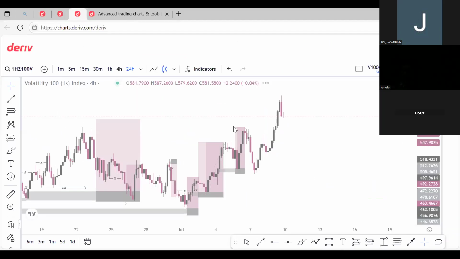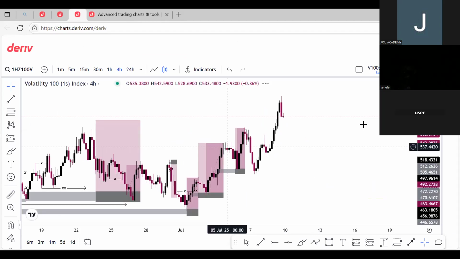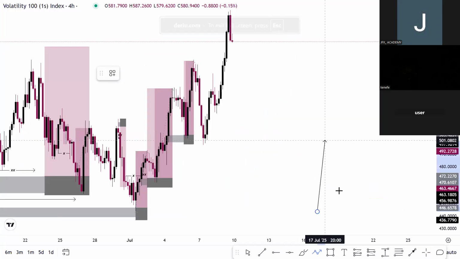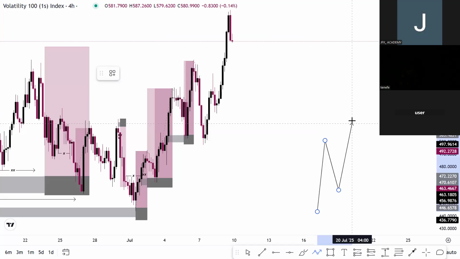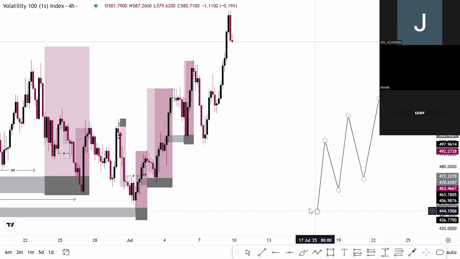Like what we did on that V75. Everything that happened there was just this. The market was coming back to give us another low, and this is all that happened there on the daily time frame.